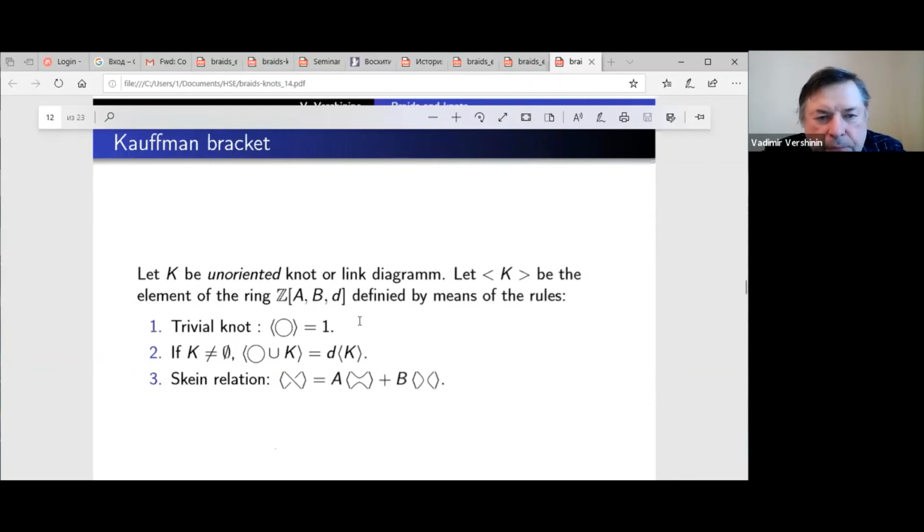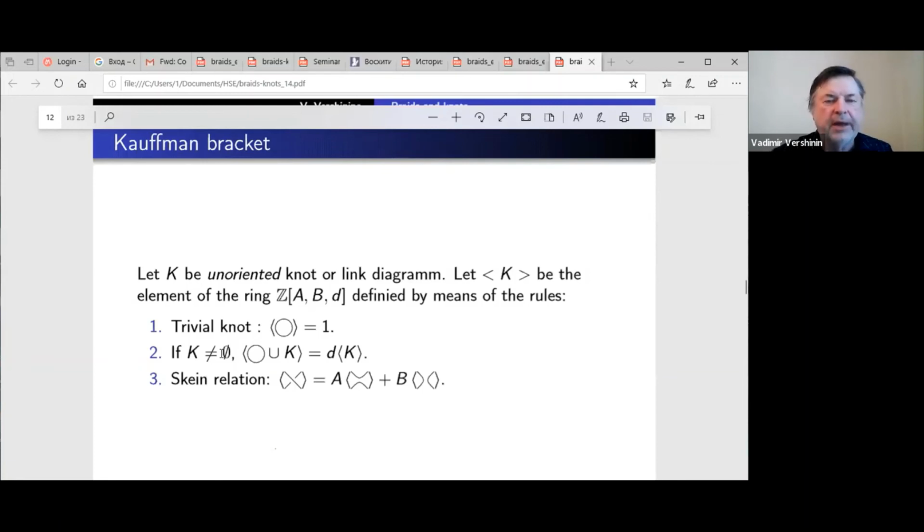The first is trivial, in the sense that, just consider the following diagram, just a circle. It gives you 1.